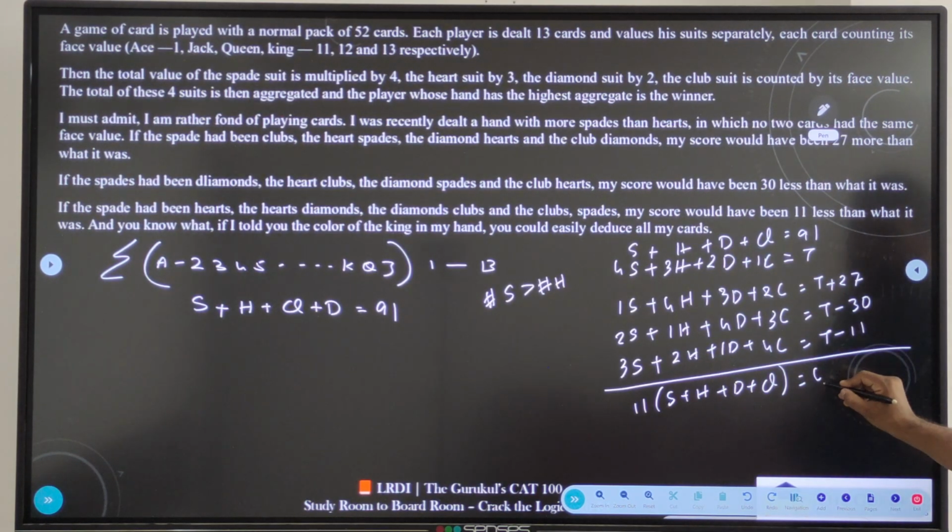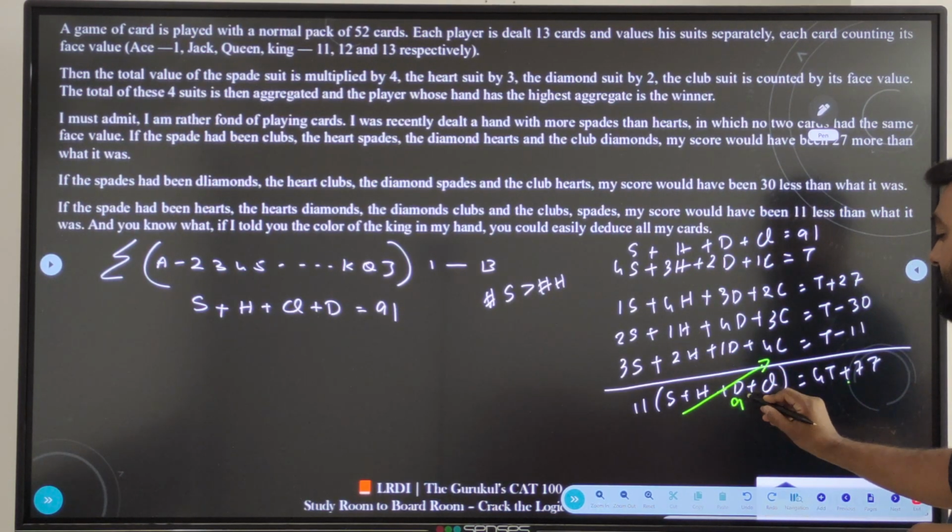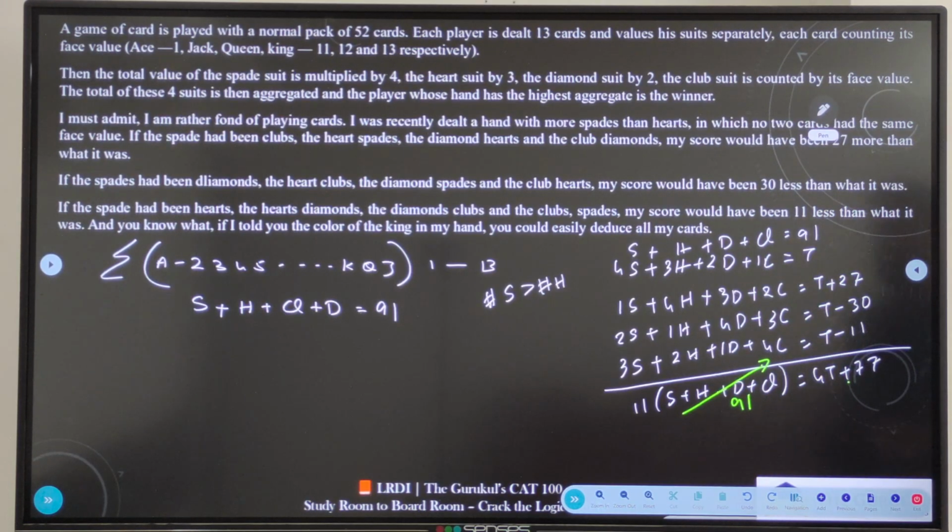Perfect. That becomes 4t plus 77. And I already know this sum is equal to 91. We already wrote that side. Clubs plus hearts plus diamonds plus spades equal to 91. Quickly find out t value. T should be equal to, very good, t should be equal to 231.